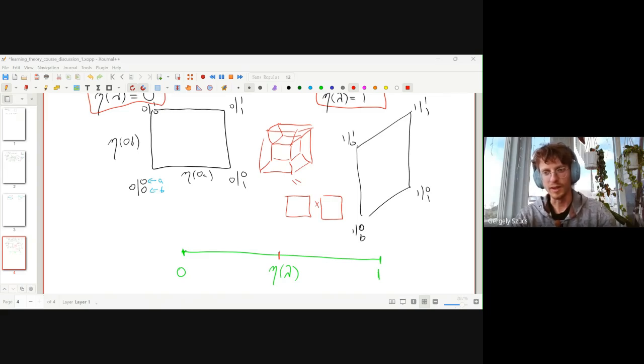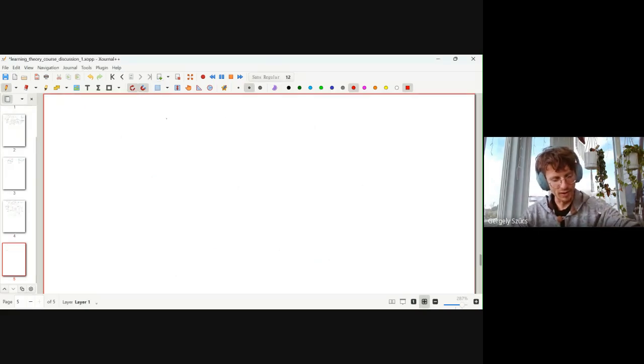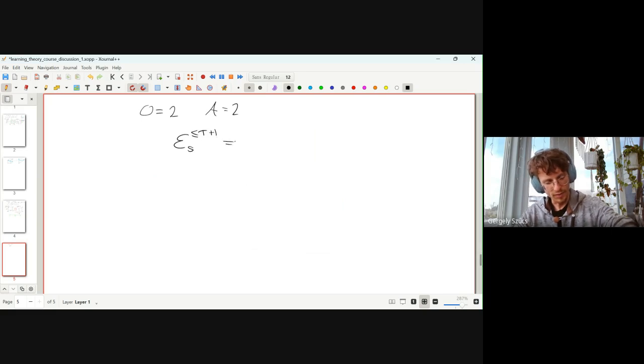I was going to ask him because he had the most concise description of these, where you can give a recursive description where it turns out that, at least in the case where the size of O is 2 and the size of A is also 2, the environments up to time t plus 1 are isomorphic to the one up to t times itself.